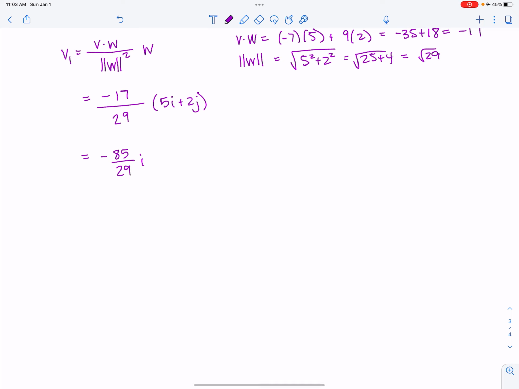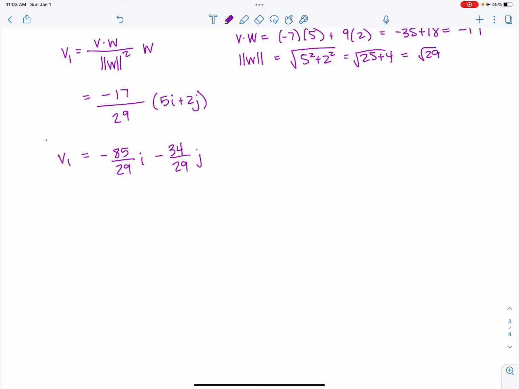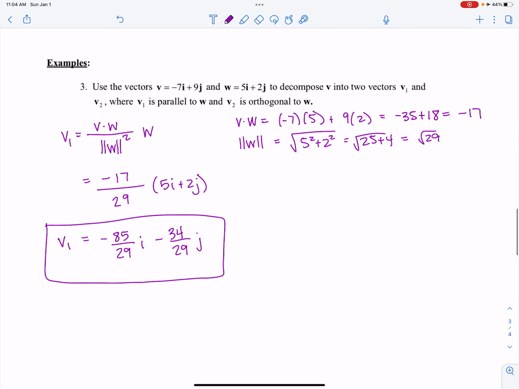That's in our i. And then -17 times 2 is -34 over 29j. So that's our vector v1. That is our vector parallel to w.